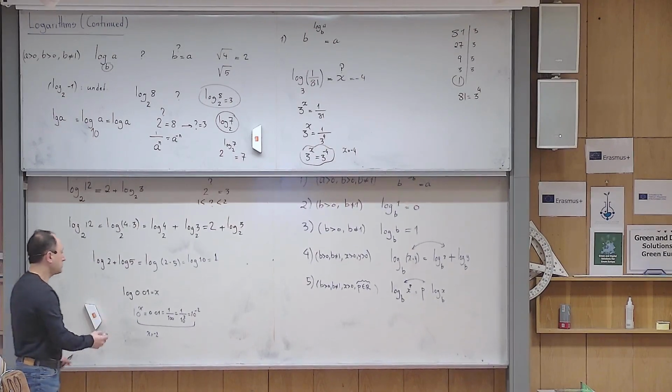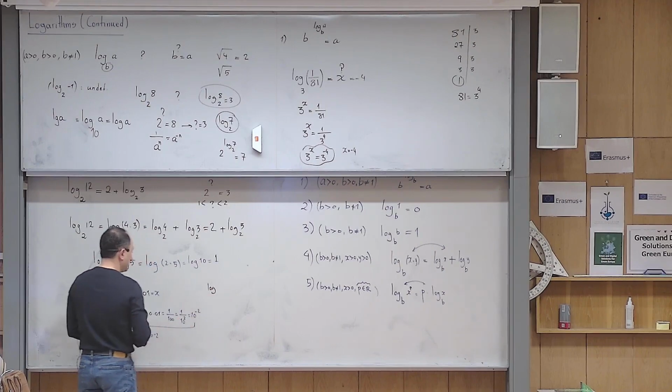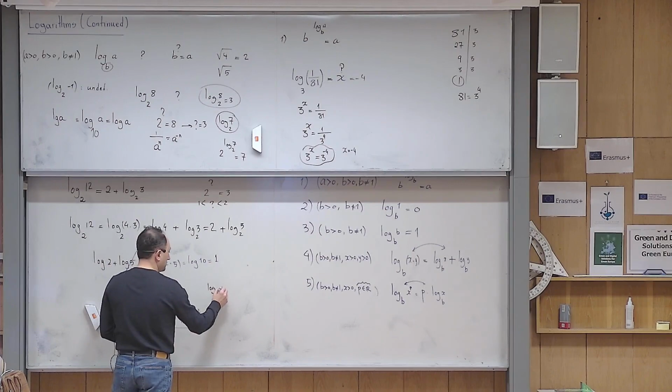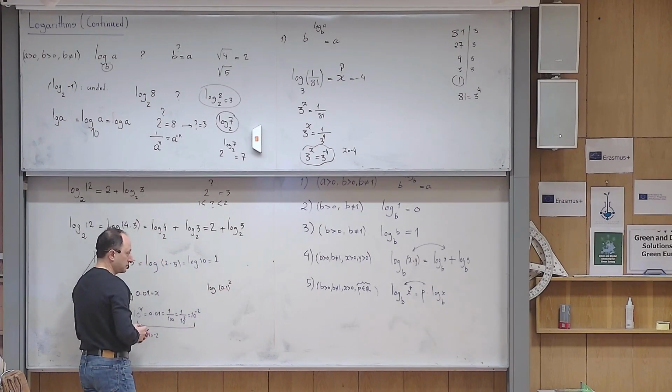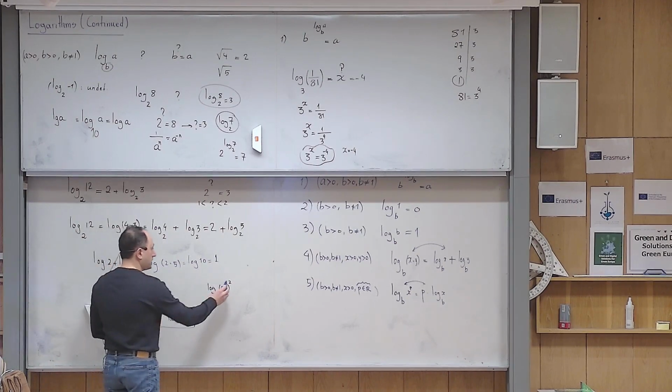But now you can also write it in a little bit different way. You can write it as log. Instead of 0.01, you can write 0.1 to the power of 2. Yes? If you want to. But then you can see that this power of 2 can be moved to the back.